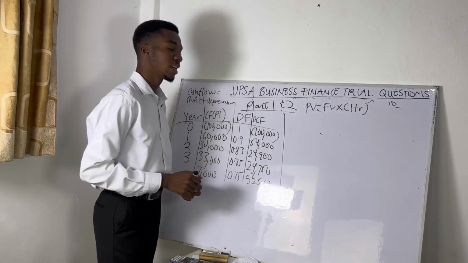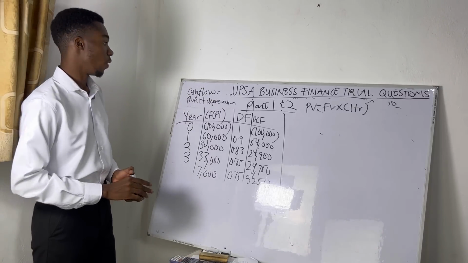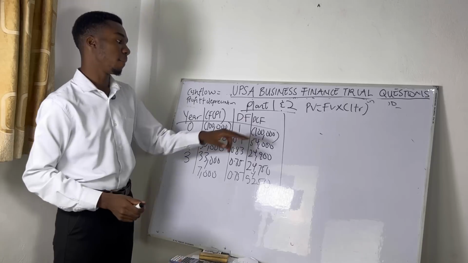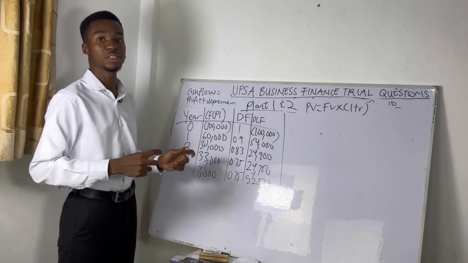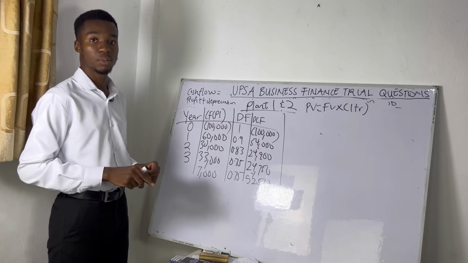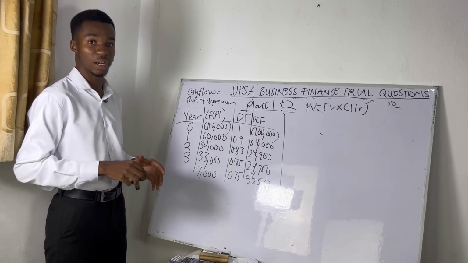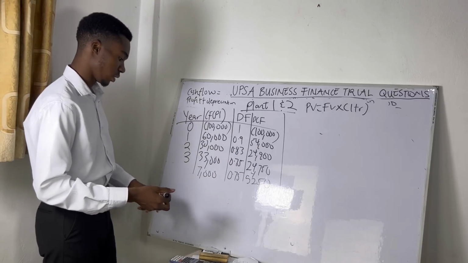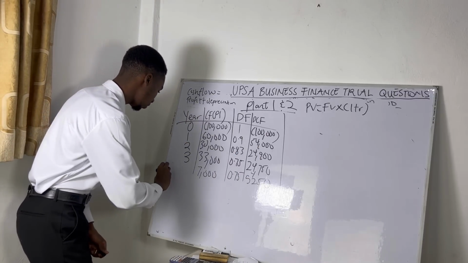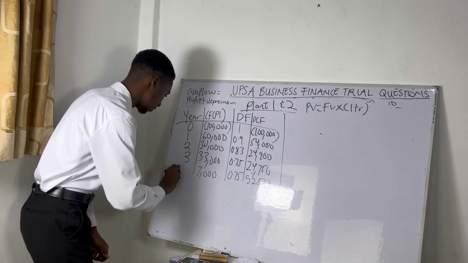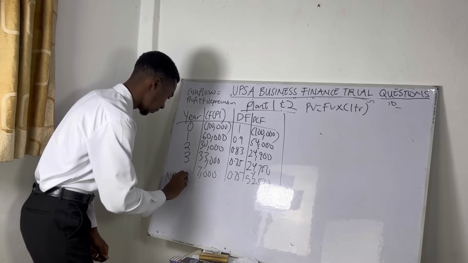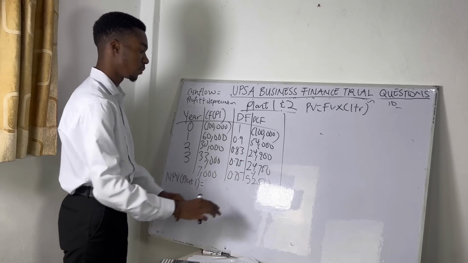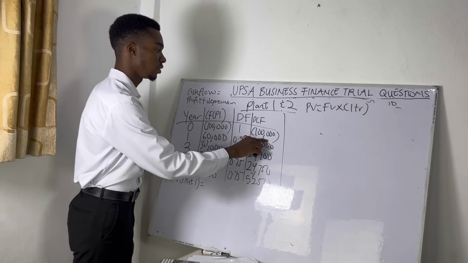So to get the net present value of plant 1, we are going to add all the cash flows plus the residual value minus how much we invested. We want to see how much you are going to get from it now, in present day. So net present value of plant 1 is equal to the cash flows plus the residual value minus the 100,000.